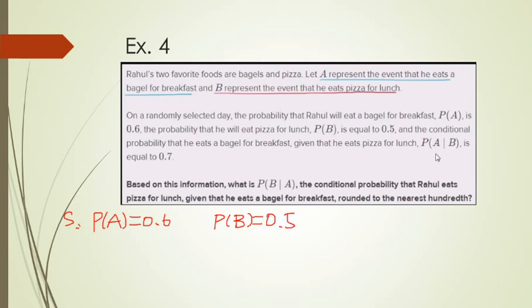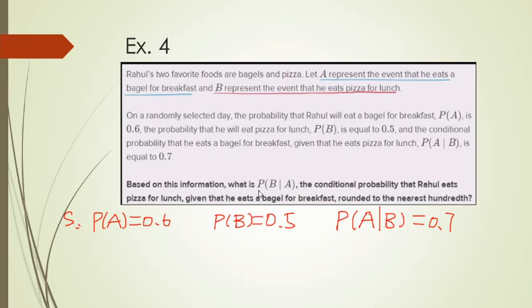And the conditional probability that he eats a bagel for breakfast, given he eats a pizza for lunch, which is given event B occurs, and then the probability he eats a bagel for breakfast, event A, is 0.7. And based on this information, what is the probability of this?